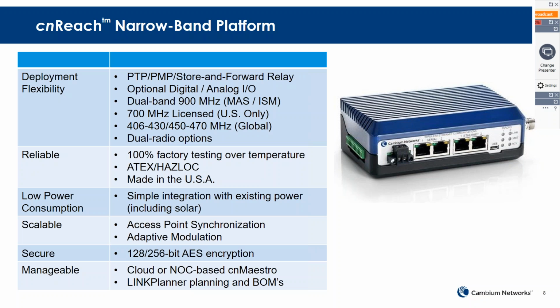Also, we support a security feature, 128 to 256 bit AES encryption, and this is very useful. As we know, Modbus TCP is all open. It's clear text over IP, so you cannot hide. So you want to encrypt your data over the air so that you don't get hacked.